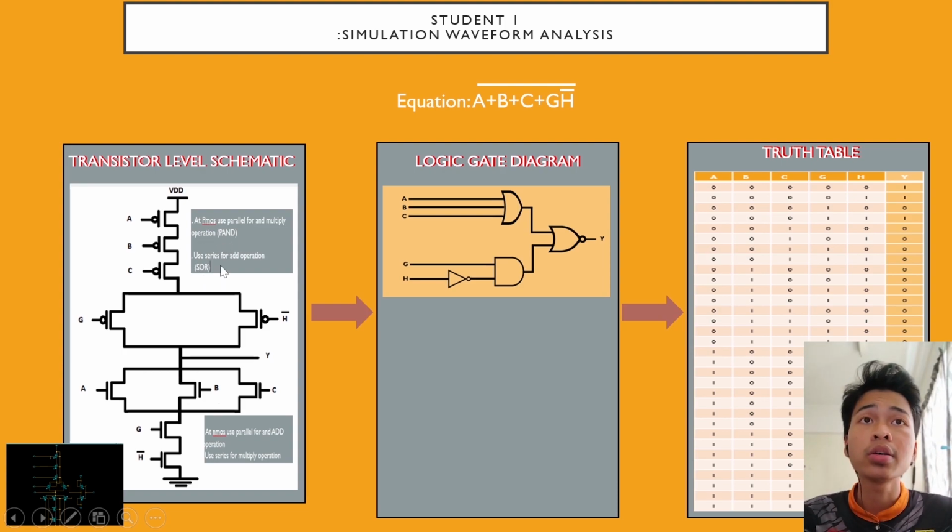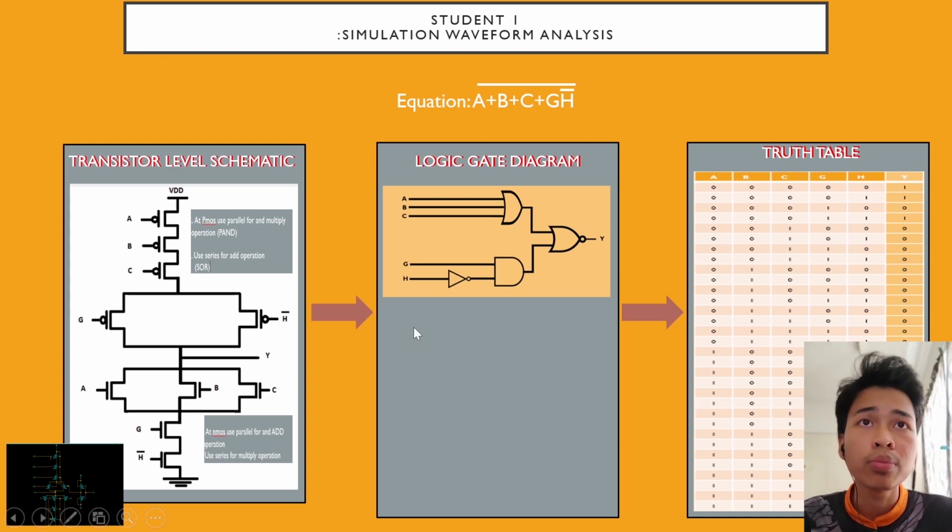As we can see here, ABC is in parallel and GH is in series for the PMOS, and for the NMOS, the ABC will be in series and the GH will be in parallel. Then after that we can proceed to do a waveform.